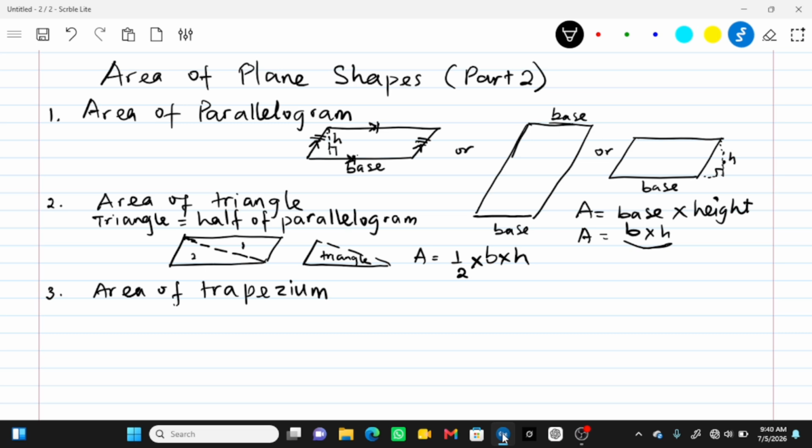Now a trapezium could look this way. This is an isosceles trapezium. I won't go into details. Then again, we need the vertical height. This vertical height is 90 degrees. Or the trapezium could look this way.